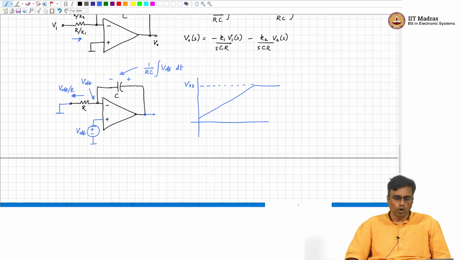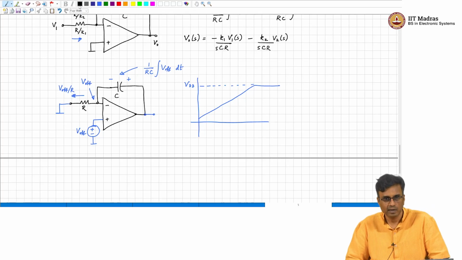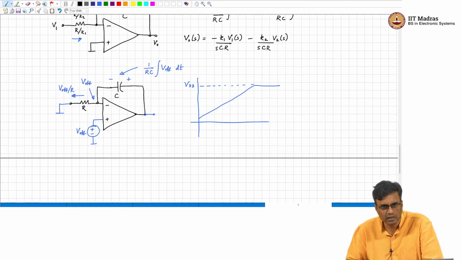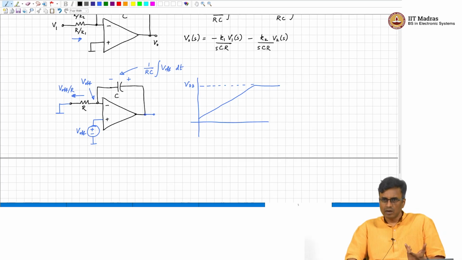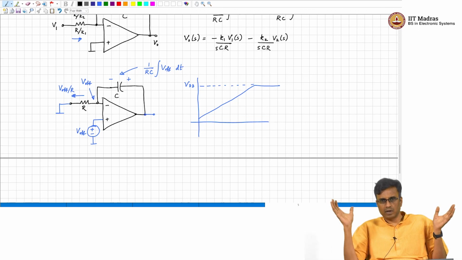So, what is the moral of the story? If you try to operate an integrator in open loop like this, without DC feedback, then if you remove the capacitor, since capacitors do nothing for DC, the op amp is in open loop. Remember that all capacitors for DC can be removed.